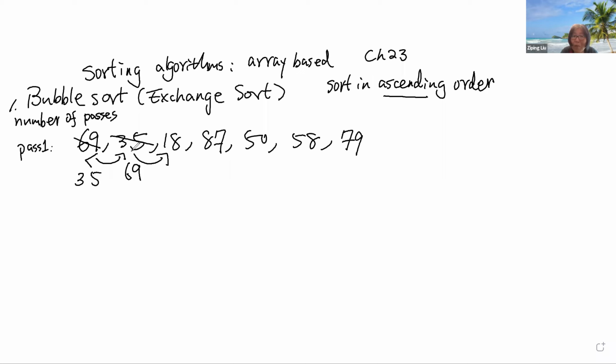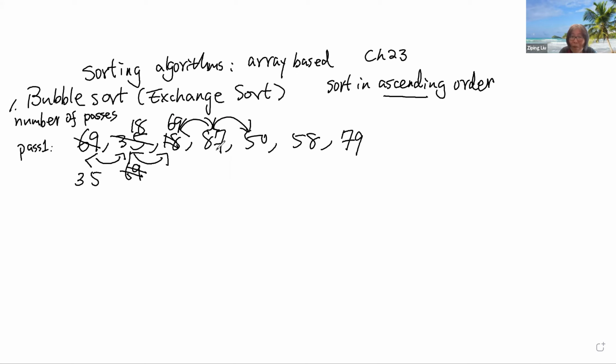Then you move on to the next pair. You compare 69 to 18. It's still not in order, so I switch those two numbers. Then you compare the next pair. This is already in order, so no switch, no swap.